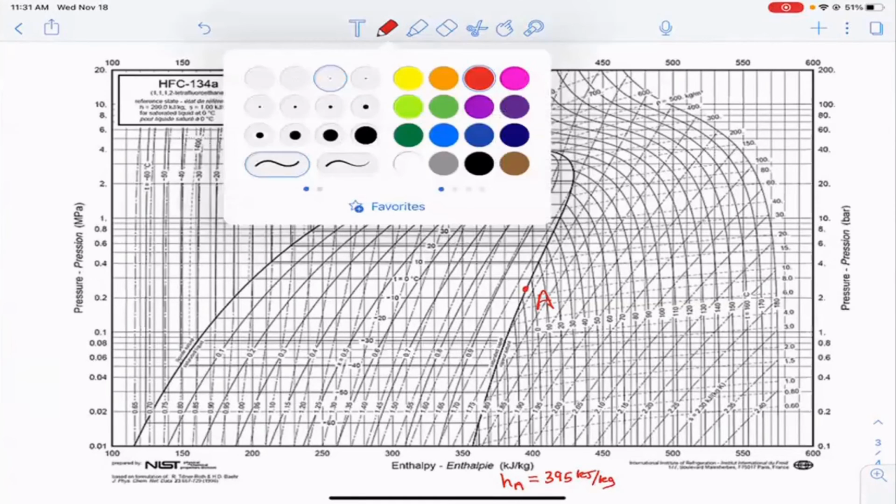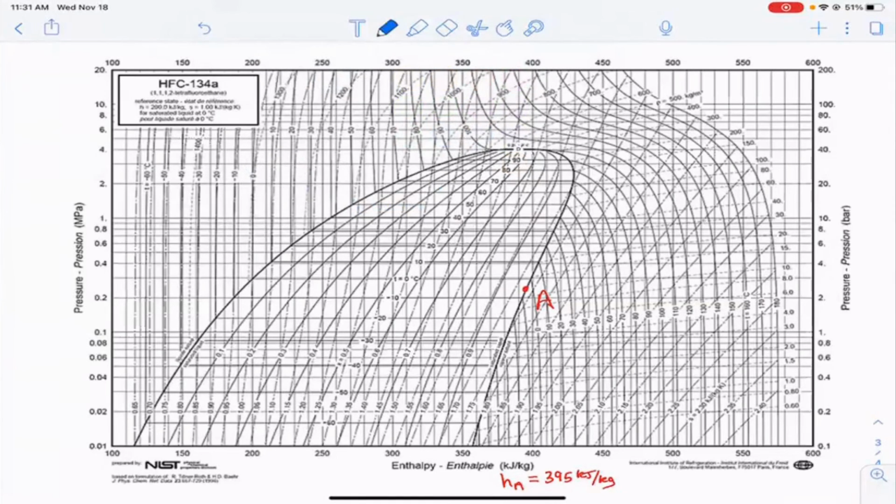And the nice thing about this is it also gives us the lower pressure if we want to look at that. And so that's going to be right about here. And that lower pressure is about 0.23 megapascals, or 2.3 bar.